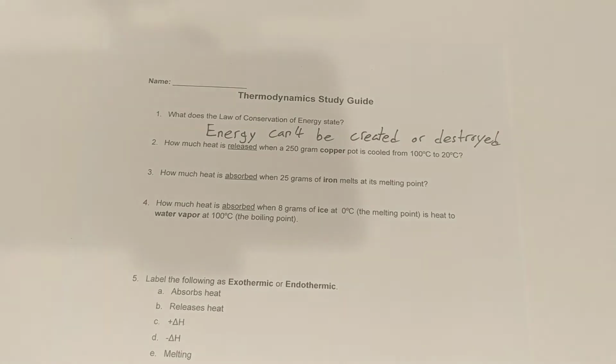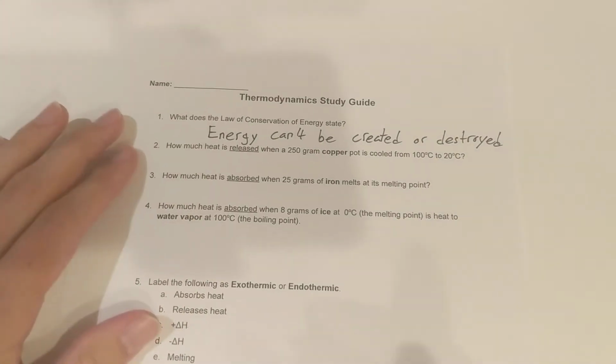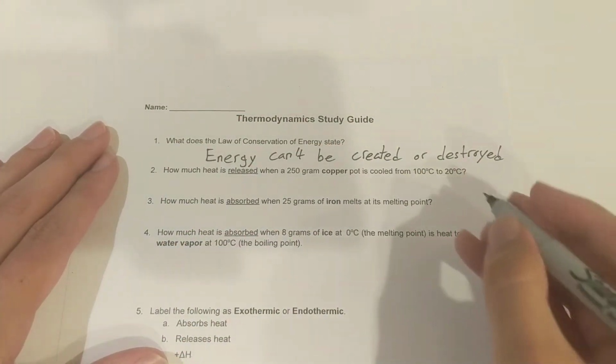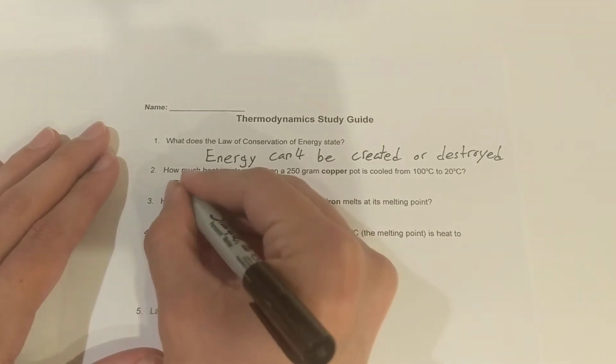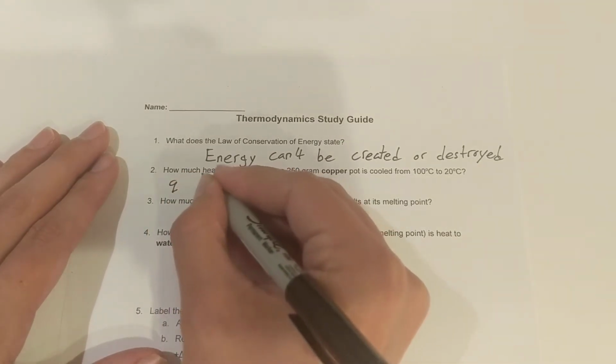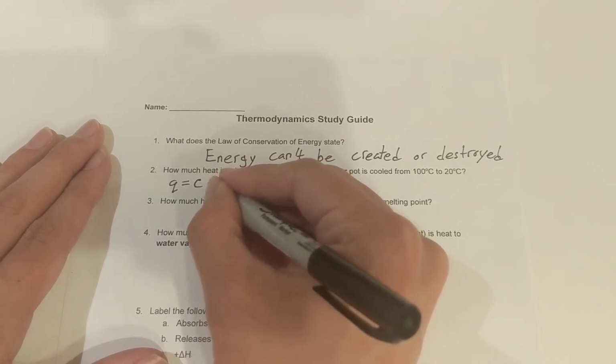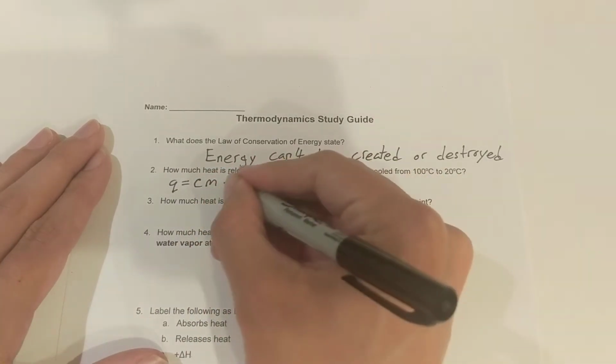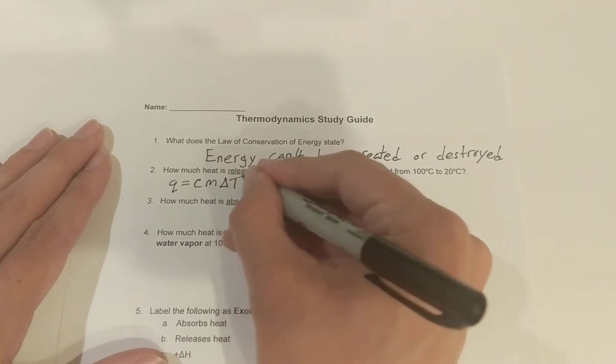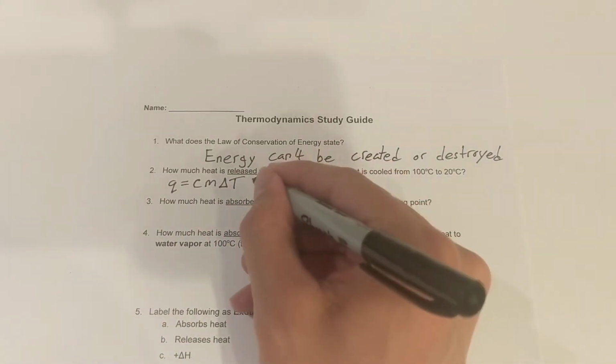So this is going to be a change in temperature equation, and we're finding heat. So our equation will be Q is equal to our specific heat times our mass times our change in temperature. And we could find each one of these.